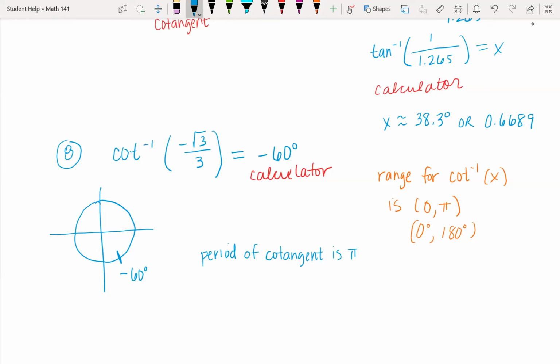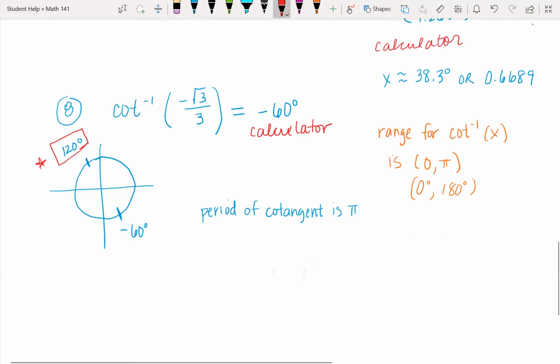So the values will repeat every 180 degrees. So there's going to be another iteration of the same value over here at 120 degrees. And this 120 degree value falls within the range that we're looking for between 0 and pi. So this is actually the answer that we want, not the one the calculator gave us.